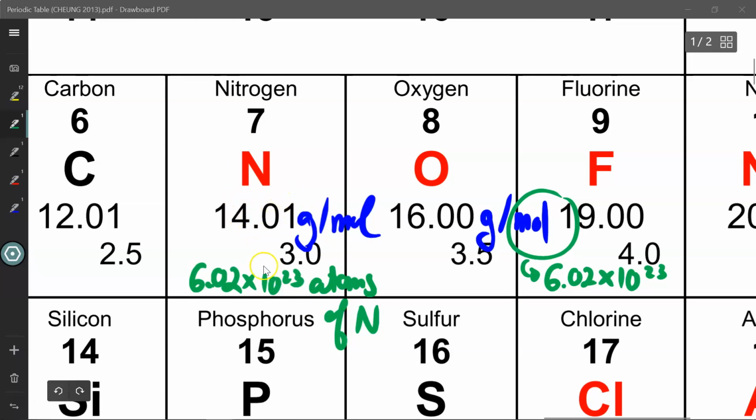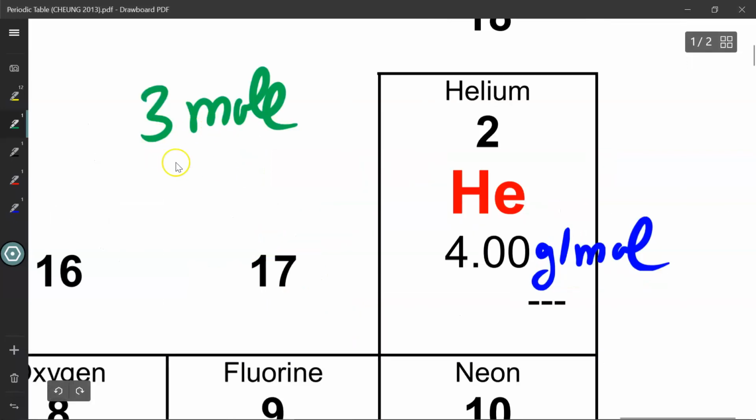So the molar mass is a conversion factor, allowing us to convert from the unrelatable world of atoms with their big giant numbers and moles all into something that we can understand, we can recognize. Grams, mass. So if I had 3 mole of helium sitting in my hand, how many grams would that be? Well, if each mole weighs 4 grams and I have 3 moles worth, 3 times 4 equals 12 grams of helium.